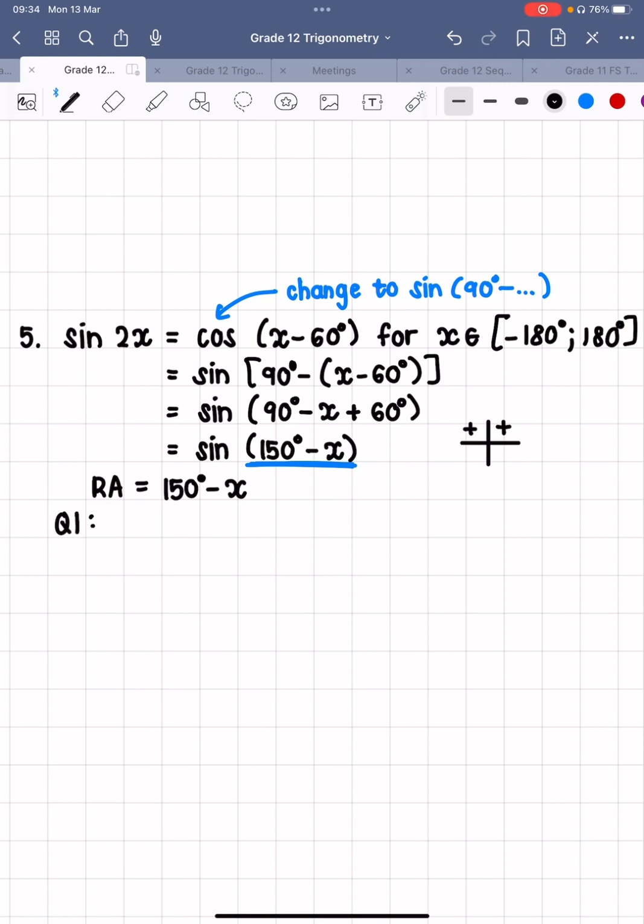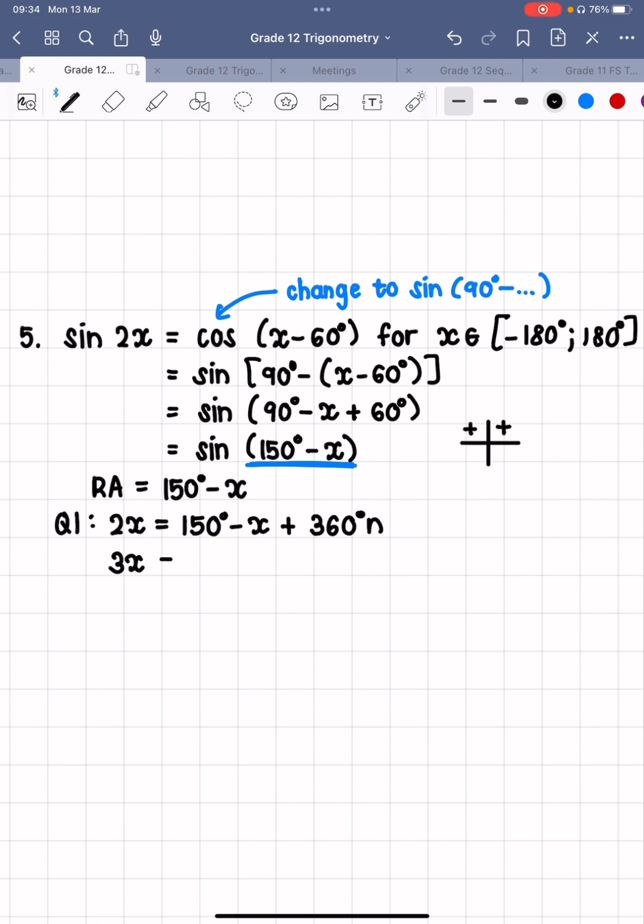What angle is after sine on the left? 2x. So 2x is equal to, remember quadrant 1 is just the reference angle, so 150 minus x plus 360n. Now I must get all the x's on the one side. So this minus x is going to become plus x.